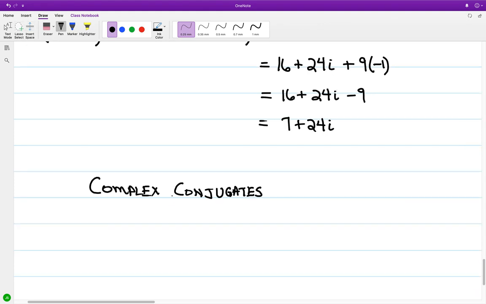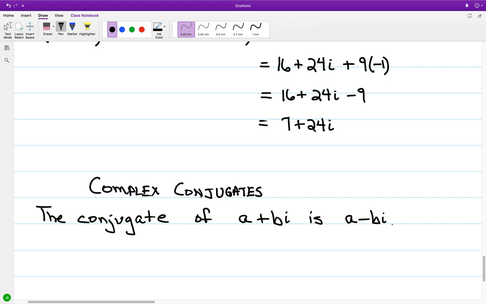Now, for complex conjugates, the conjugate of a plus bi is going to be a minus bi, and vice versa.